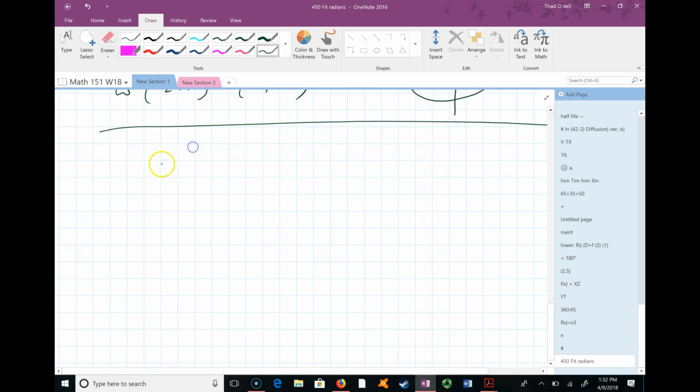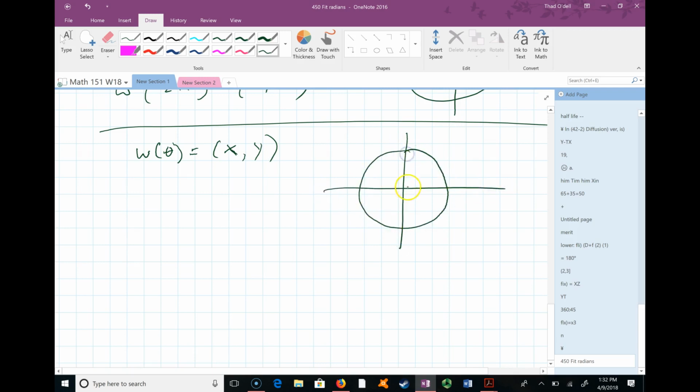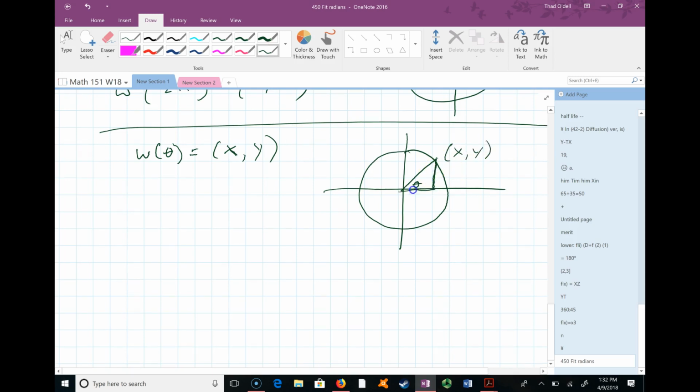The wrapping function, you plug in an angle and you get out an x and y coordinate. So if you're looking at that, here's my unit circle. There's the angle, and there's my x and y coordinate, and we observed that it comes from the triangle pieces, right?